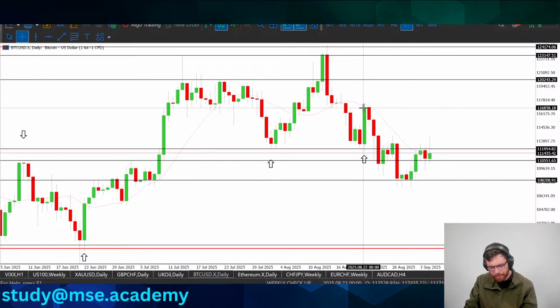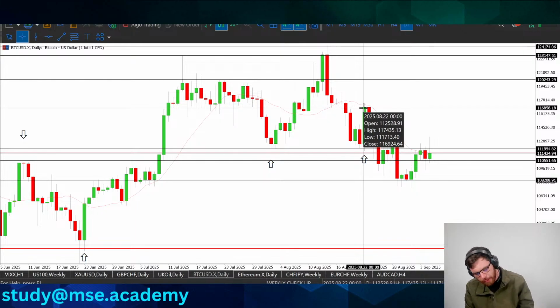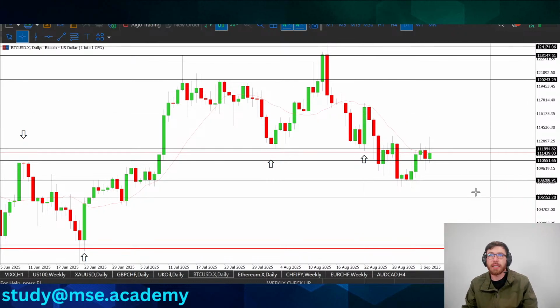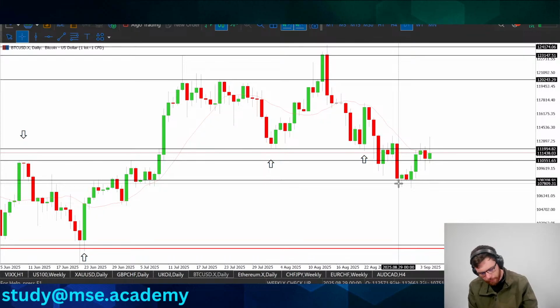So that was a $5,000 move in a single day. Fake bullish engulfing to 117, and then a complete breakdown. And what I'm going to say here is we got a breakdown all the way to what level? Let's go down to this level over here. We have a breakdown to the 107.